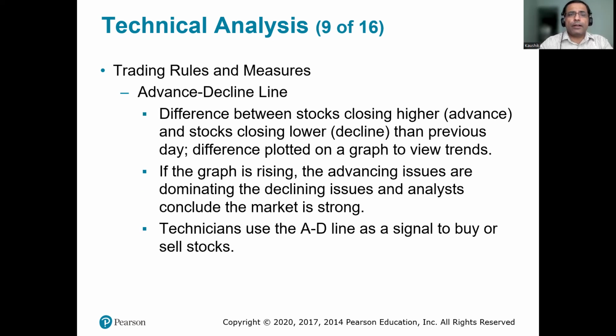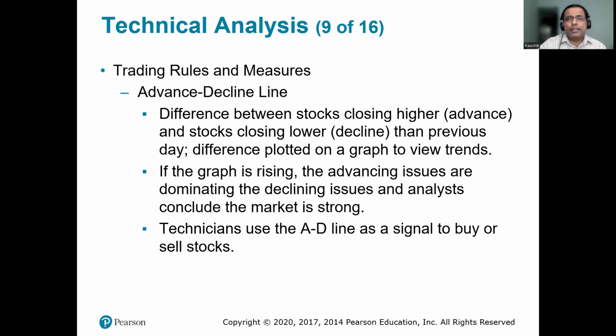So one is the advance decline line. In this case, we look at the difference between the number of stocks which close higher versus the number of stocks which close lower. And we plot this difference, advance minus decline, over a period of time.